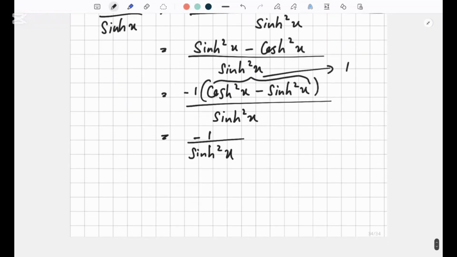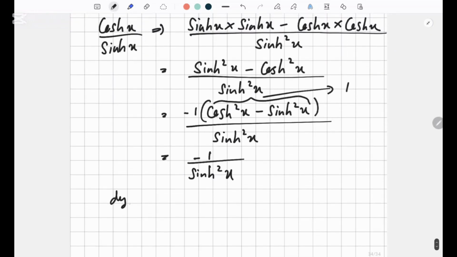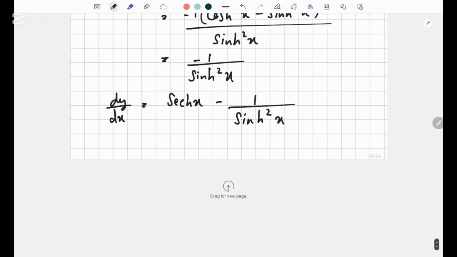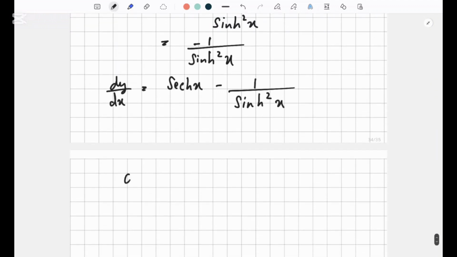Back to the equation in hand. So dy over dx equals sec x minus 1 over sin squared x, and dy over dx equals 0. Okay?